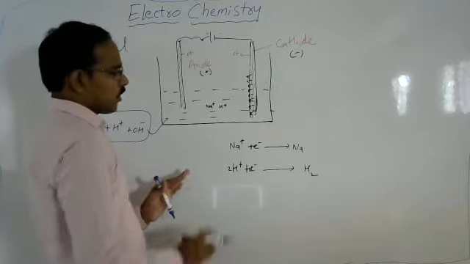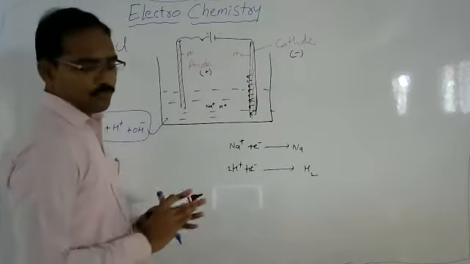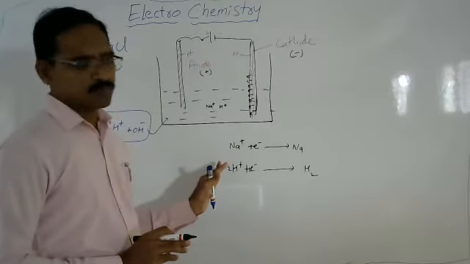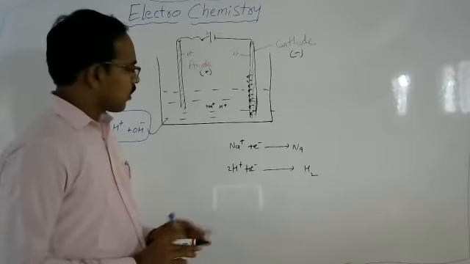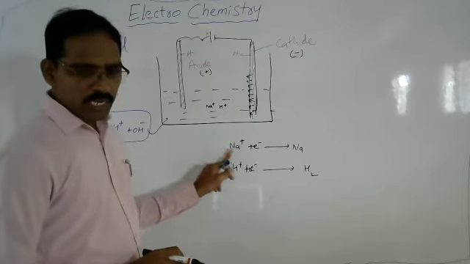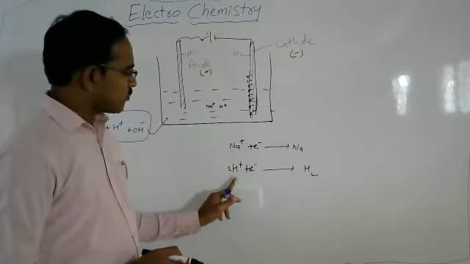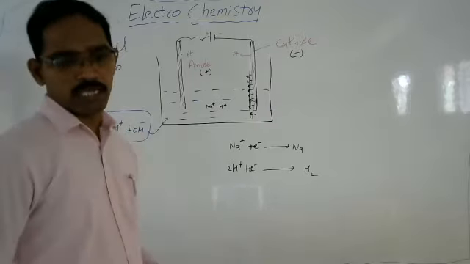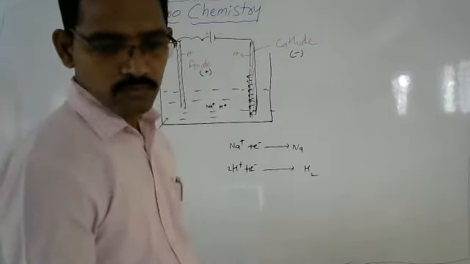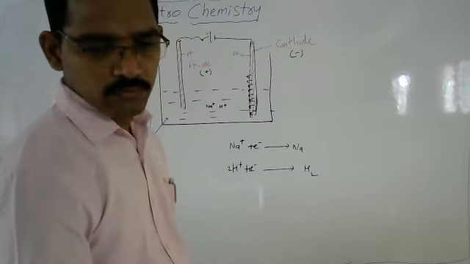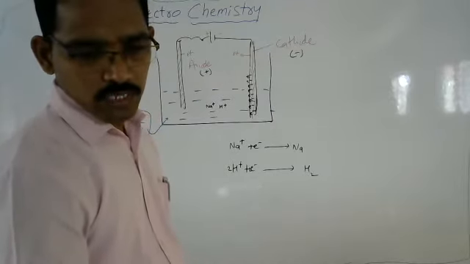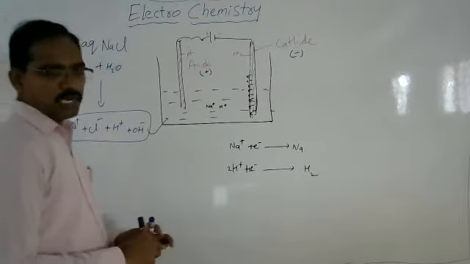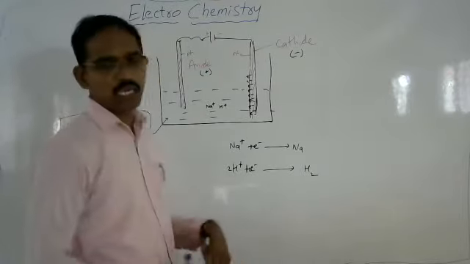Right. Now, in these two possibilities, which reaction takes place in this case? Either Na+ will take the electron, or H+ will take the electron and form hydrogen. Which reaction will take place? Yes, H+ will take the electron, because sodium is highly reactive.